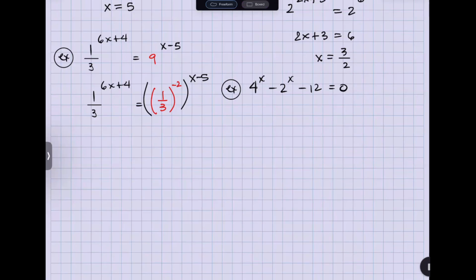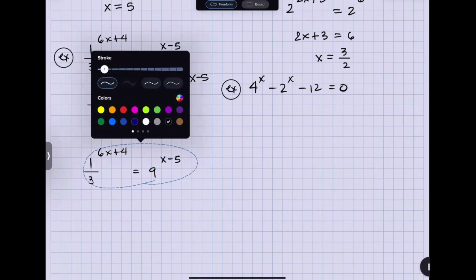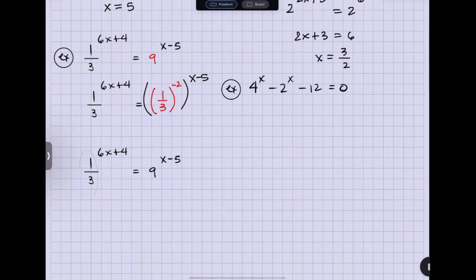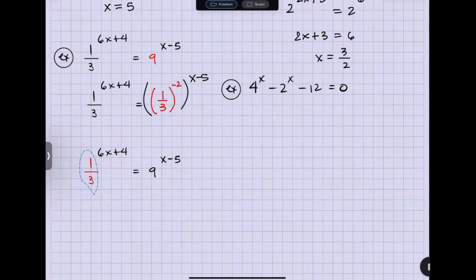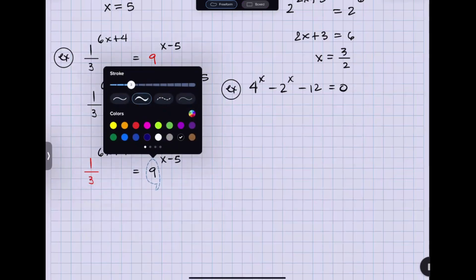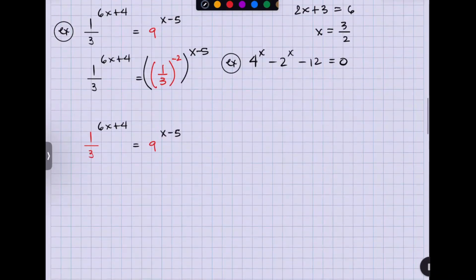The other way, I can convert 1/3. Well, you know what? I'll have to convert both in this case. So his way is more, what's the word, more efficient.